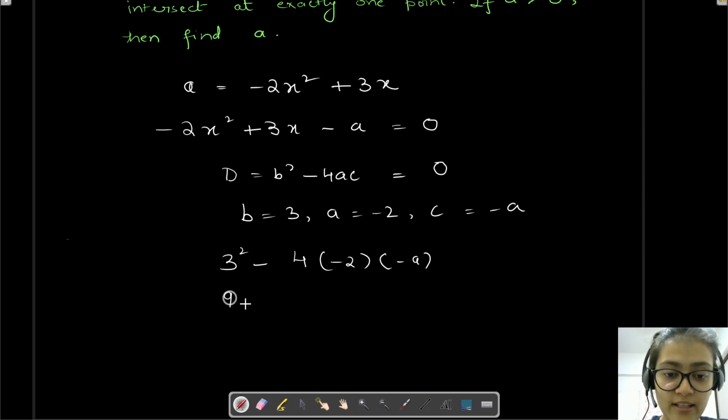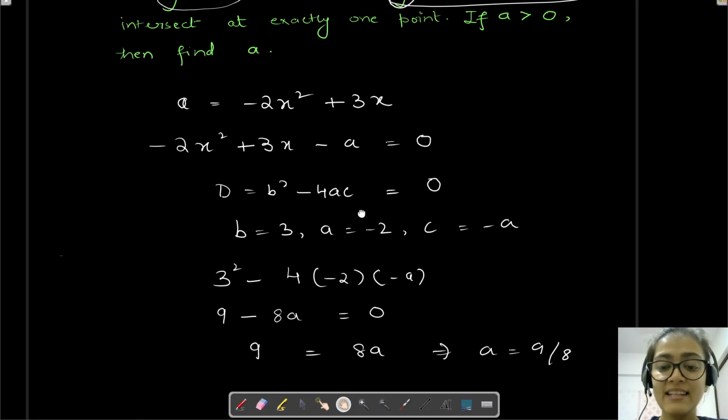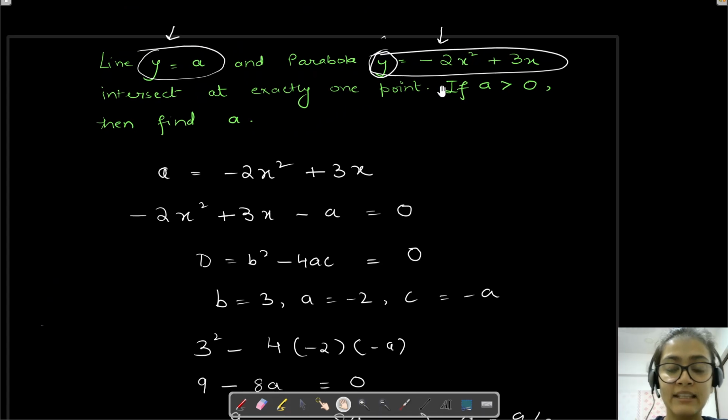So 3² is 9. Now -4 times -2 is positive 8, and 8 times negative a is -8a. So this is going to be equal to 0. So 9 is equal to 8a, which means a is equal to 9/8. So for a equal to 9/8, this line and this parabola will intersect at exactly one point.